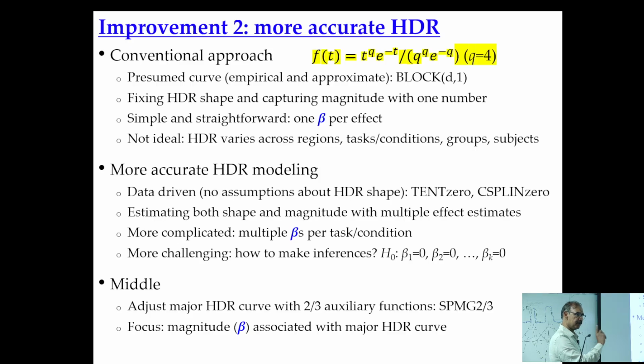So for different regions, we can estimate the hemodynamic response function, and that tells us how different regions have different hemodynamic response functions. You can imagine in some regions the response function may differ in amplitude, and in other cases it would differ in shape, right?